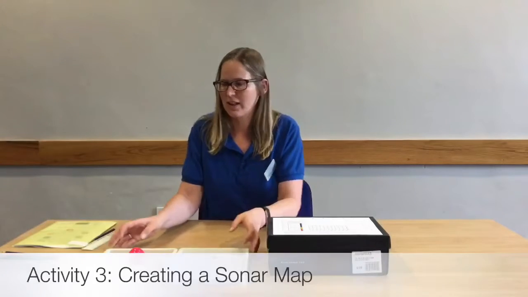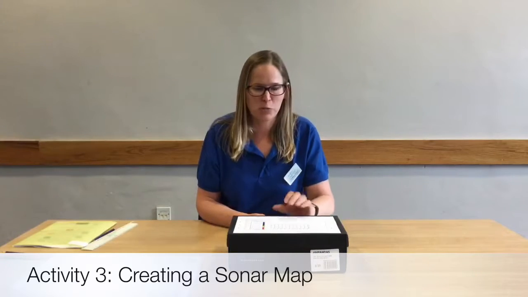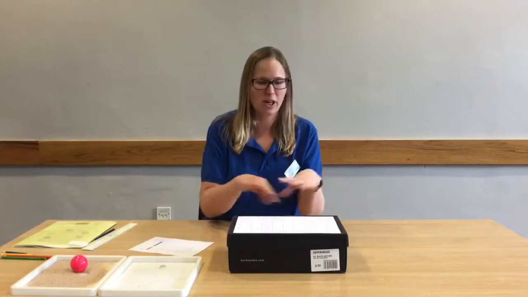And then the next activity in the lesson plan is getting them to create their own sonar map. To do this, you can make a shoebox, and in this shoebox you build a scene, an underwater surface area. You can build mountains, ridges, whatever you like.